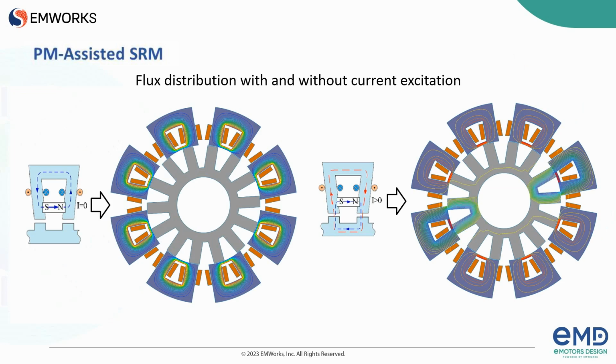We have talked about the disadvantages of switch reluctance machines, and one of the most important ones was torque ripple and acoustic noise. To improve the characteristics of these machines, we can implement a permanent magnet in the stator flux path.